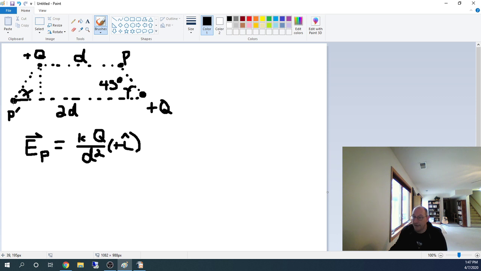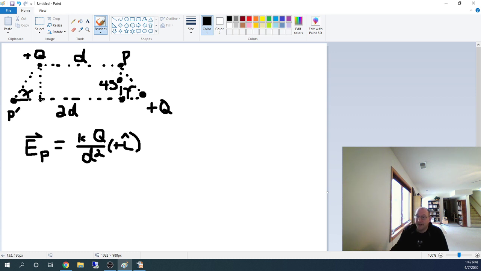Okay, knowing that the distance from here all the way over here is 2D, and I know that the distance from there to this spot directly down is D from here to here. So I know that this distance from here to here and from here to here, each of those needs to be D over 2, because the total length from P prime over to Q is 2D.